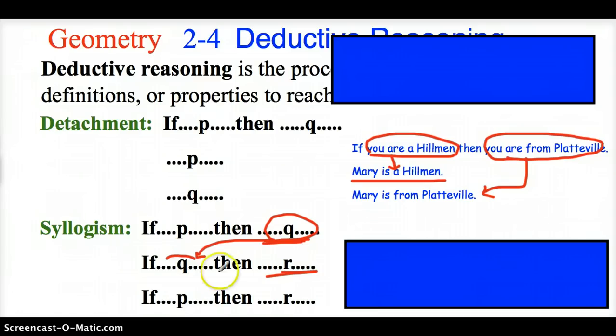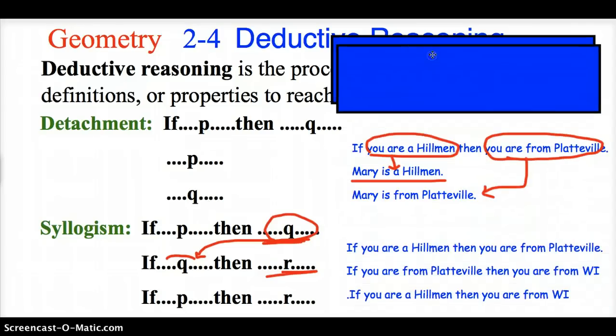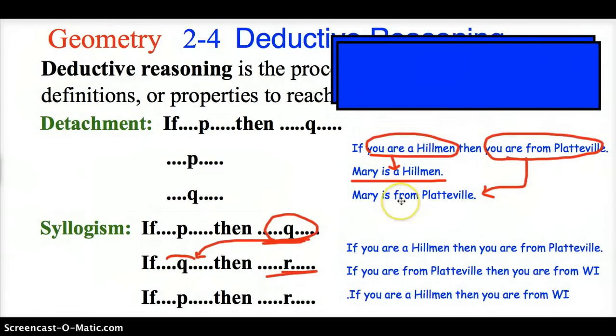Again, I'm going to give you an example. Let me pull off that blue. If you are a Hillman, then you are from Platteville. My second statement, okay, so this would be my P, this would be my Q. In my second statement, notice that I'm beginning with my Q here.